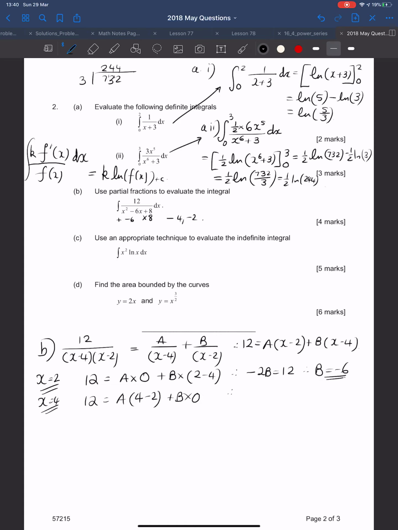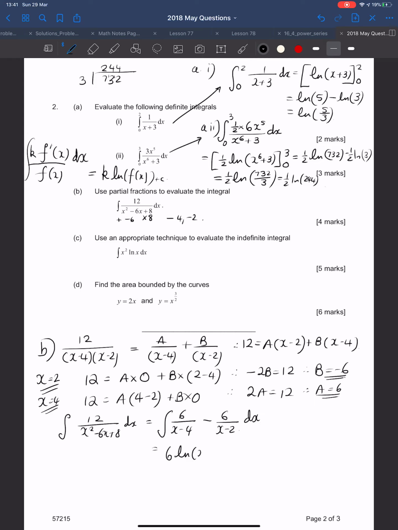So therefore 2A equals 12, so A is 6. So we can say the integral of 12 over x squared minus 6x plus 8 dx is now the integral of 6 over x minus 4 minus 6 over x minus 2 dx. Just doing a quick check in my head. Yep.